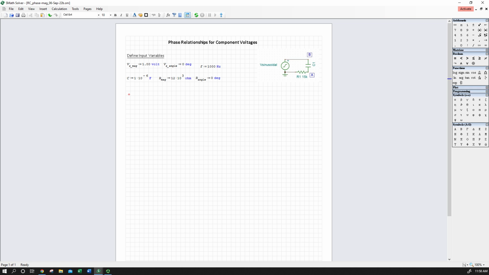So I'm going to have another text box where I'm just reminding myself of what I'm doing. So I'm going to calculate total circuit impedance.